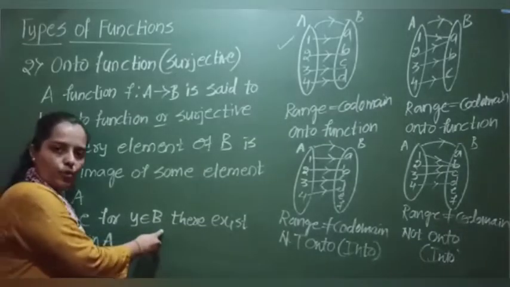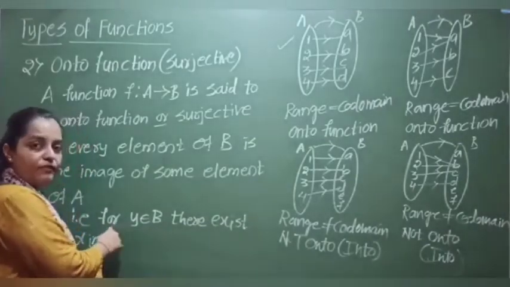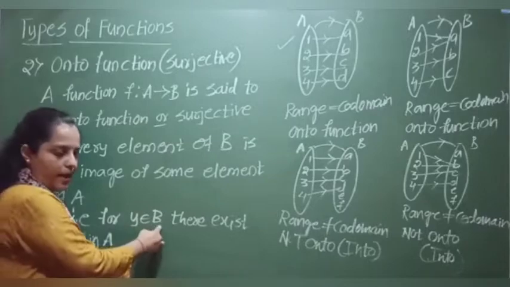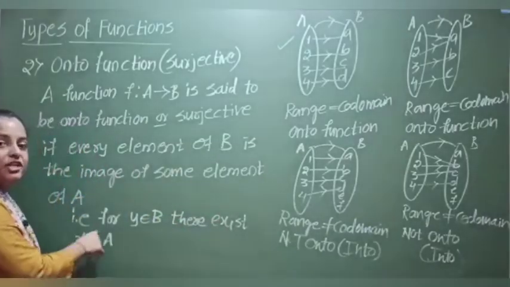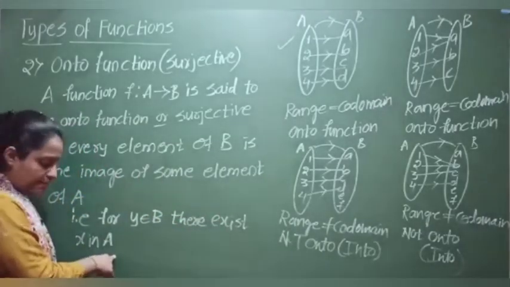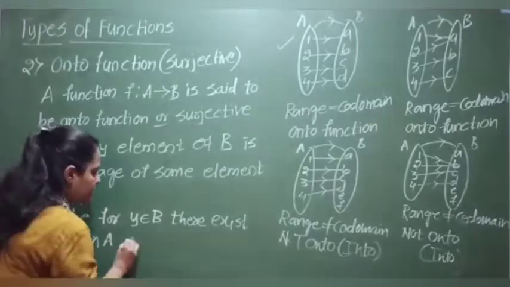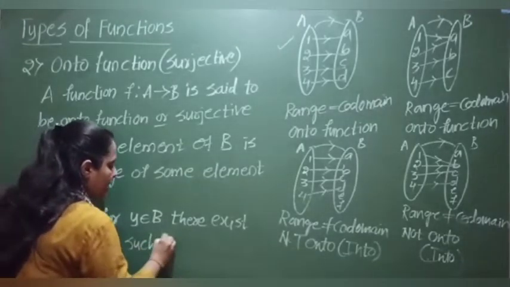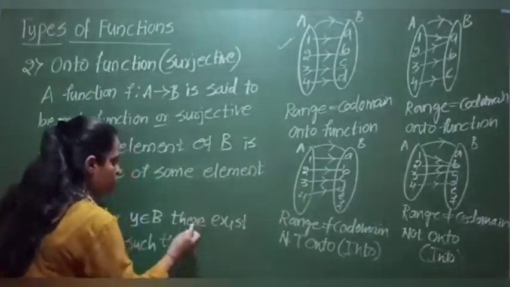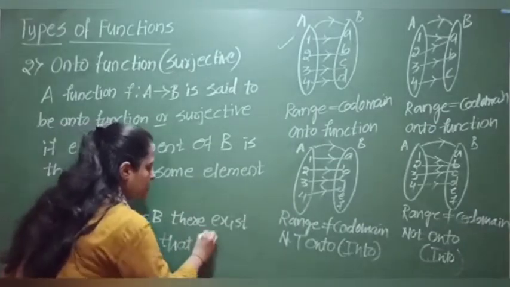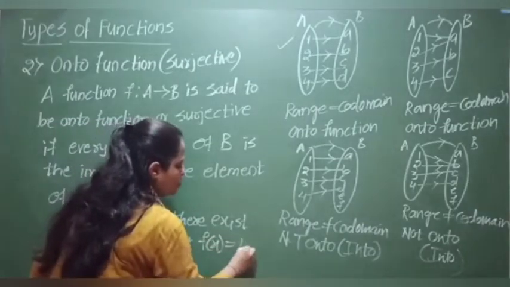For image belongs to the codomain, there exists pre-image in the set A such that f of x is equals to y.